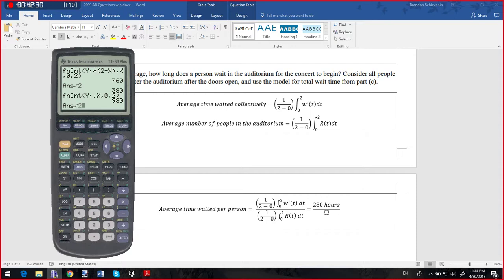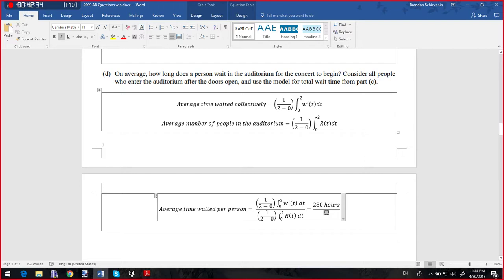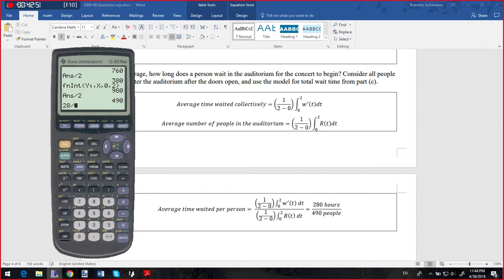And if I divide that by 2, there's an average of 490 people there. So my average time weighted per person would be equal to 280 divided by 490, or 28 divided by 49, which is 0.5714 hours per person.